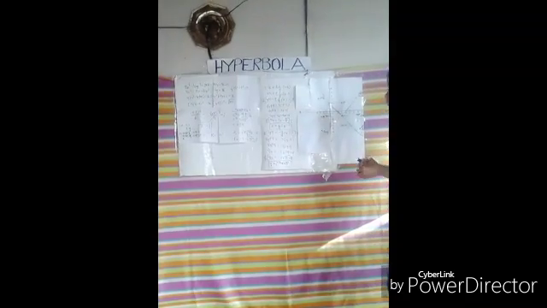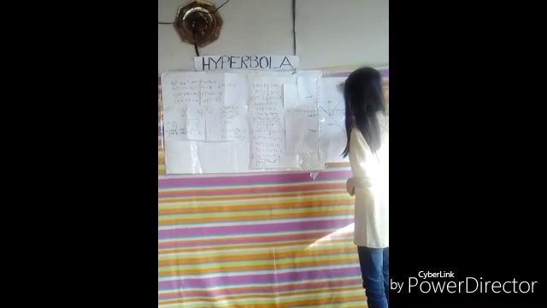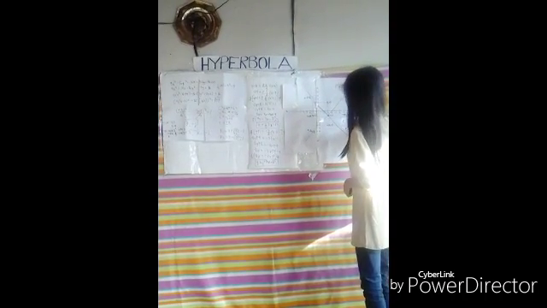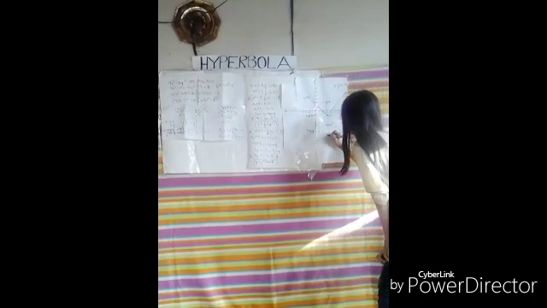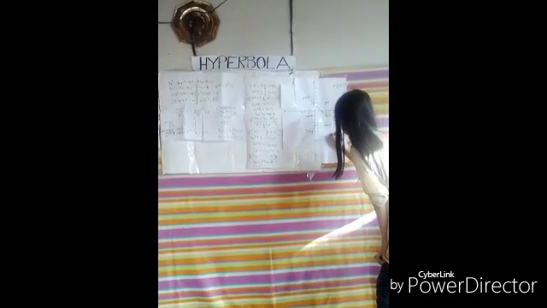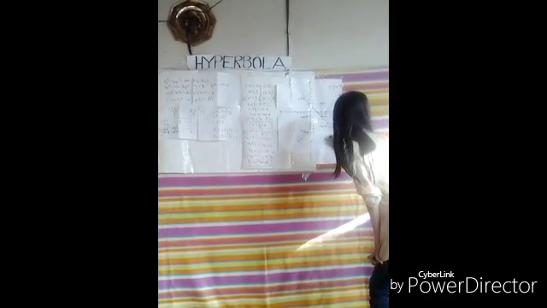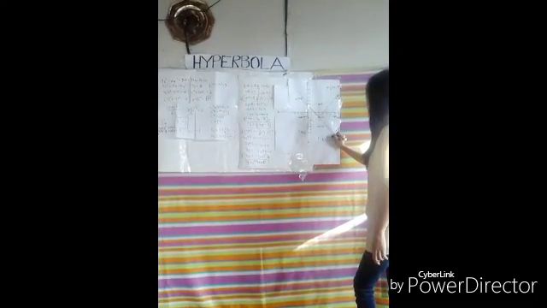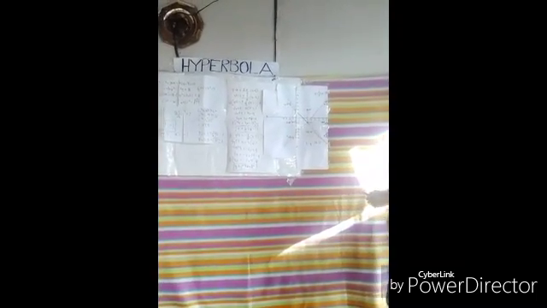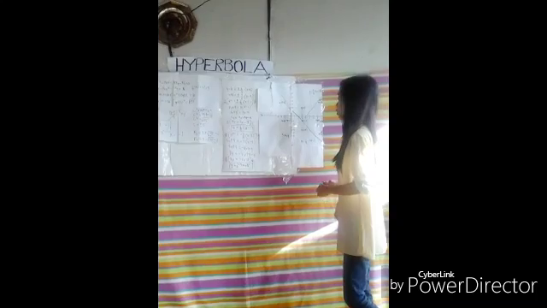So our first asymptote is y equals 1/4 times 3x minus 13, and y equals 1/4 times negative 3x minus 5. So after the asymptotes, we must now graph or sketch the graph of the hyperbola.